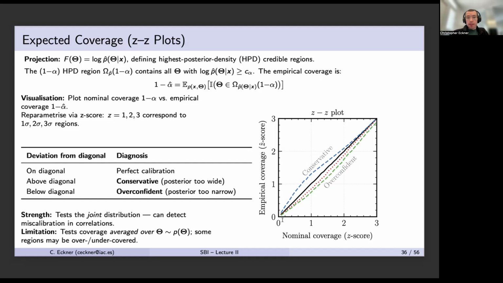So let's have a look especially at this plot of what you would expect. You see here on the x-axis the nominal coverage. This is basically saying that nominally, in my 1, 2, and 3 sigma interval of the optimal posterior, I should have this and that coverage of the true parameter, or the parameter that I infer in my run.